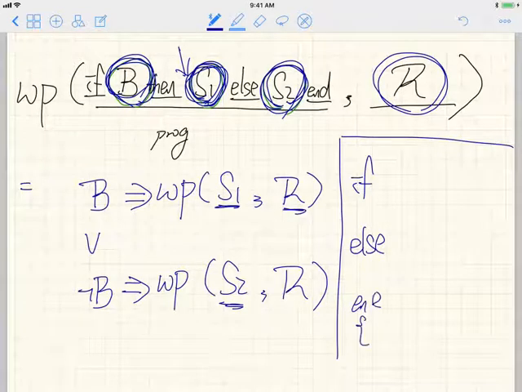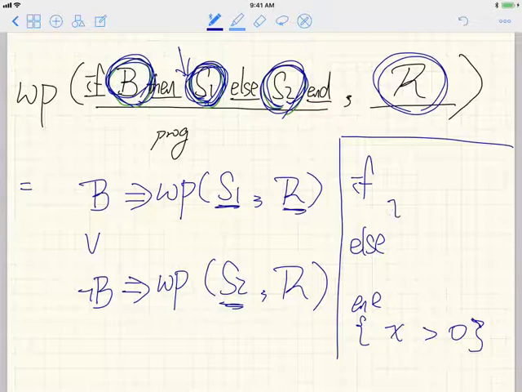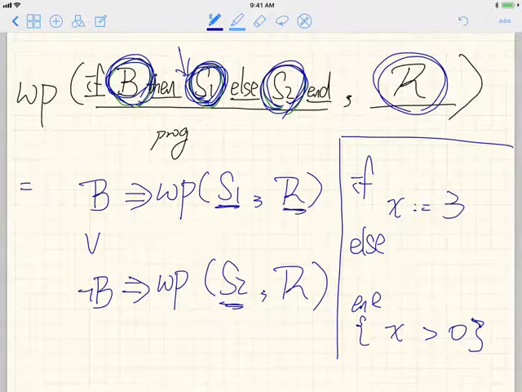Let's say the postcondition I want to establish is x is simply larger than 0. I want x to remain positive, let's say no matter what, right? Now over here, I'll make it very extreme. How about that? Let's say x is simply assigned to 3.